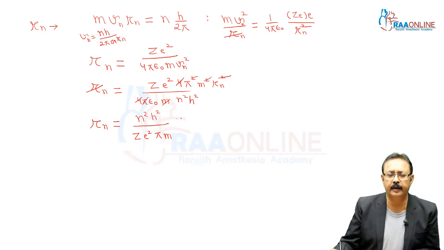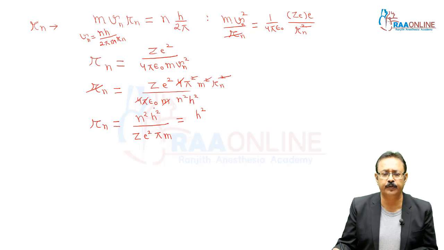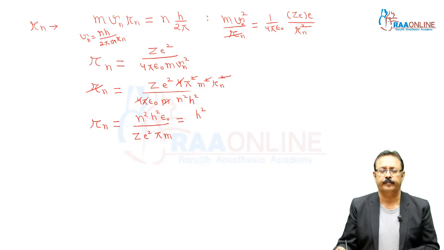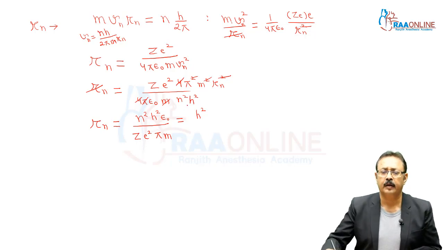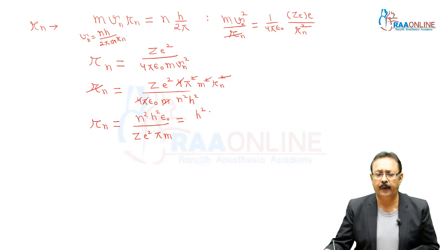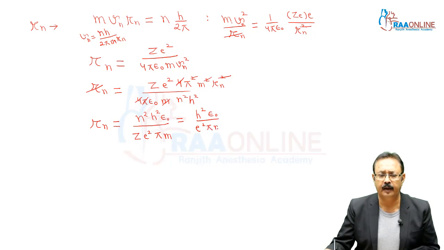Separating n and Z, what are we getting? h square, this epsilon naught is also there. So n square h square and this epsilon naught. So h square epsilon naught divided by e square pi m.